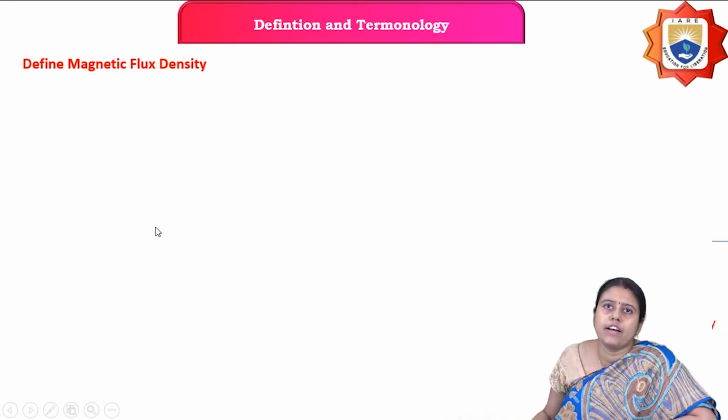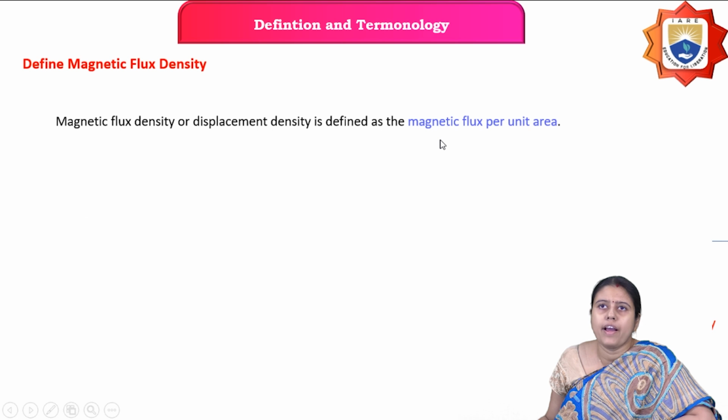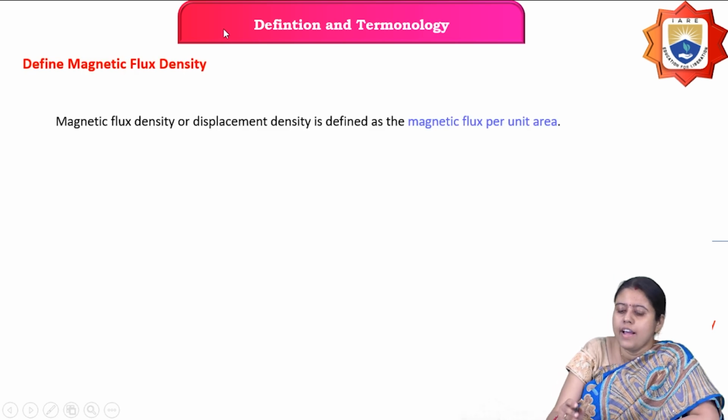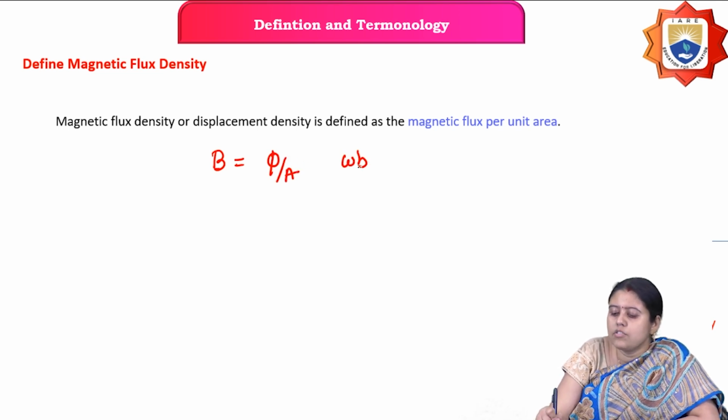Define the magnetic flux density. Magnetic flux density or displacement density can be defined as the magnetic flux per unit area. It is written by B. B is equal to flux per unit area. So the unit is Weber per meter square and we can write it in one word, it is Tesla.